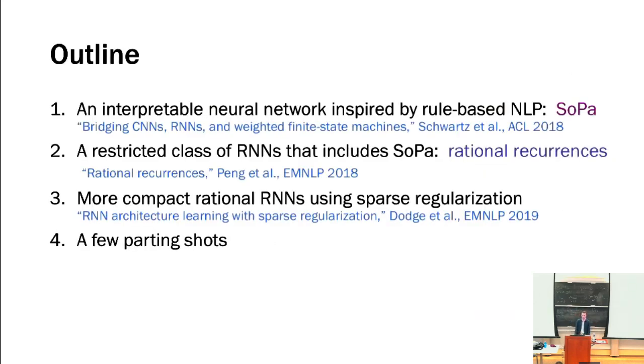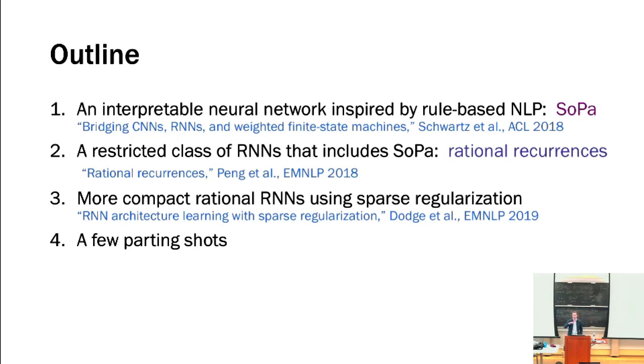I'm going to start by introducing one particular neural network we introduced called SoPa, for soft patterns, which is interpretable, and it's very much inspired by regular expression-based, rule-based NLP. And then I'll step back a little bit and introduce rational recurrences, which are a generalization of SoPa, and some surprising findings around rational recurrences.